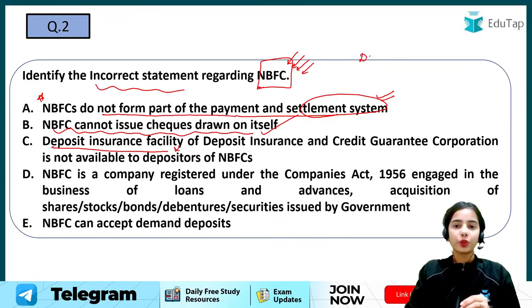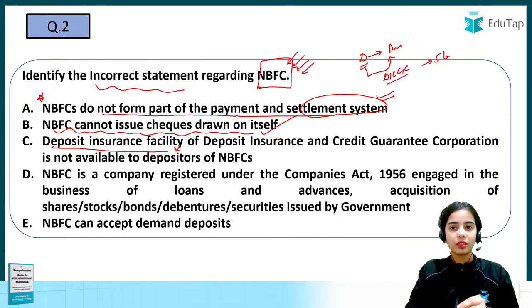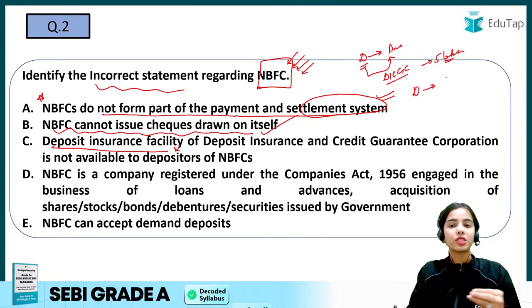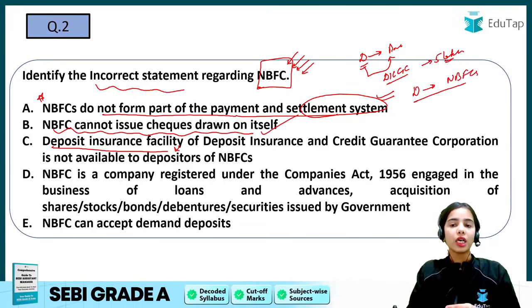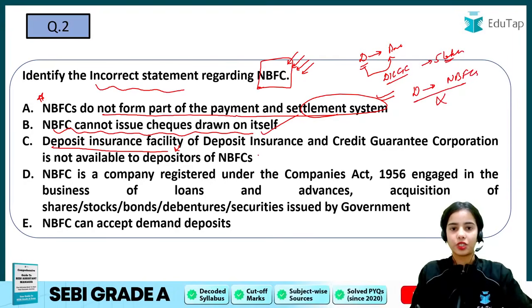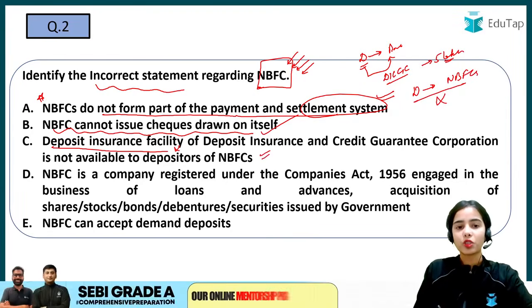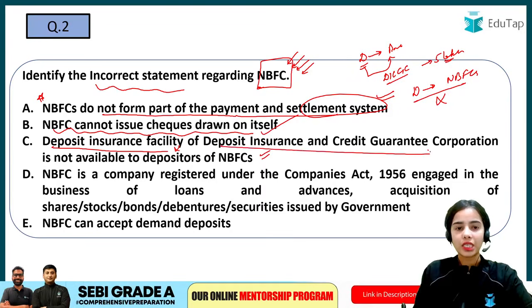If you are doing deposits in the banks, your deposits are insured by the DICGC till the limit of 5 lakh. But if you are doing deposits in the NBFCs, then your deposit is not insured by the DICGC. So this is also correct that the deposit insurance facility of DICGC is not available for the deposits of the NBFCs.